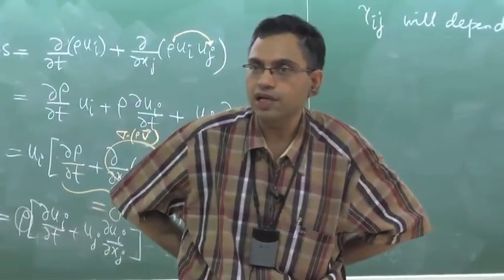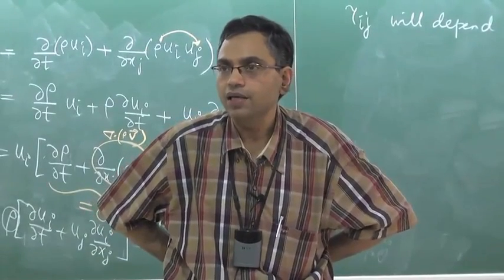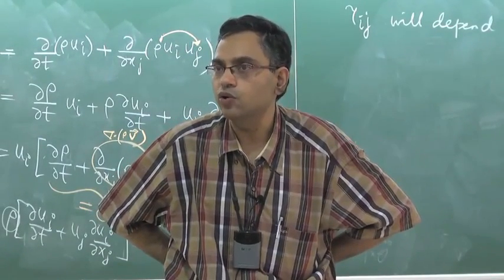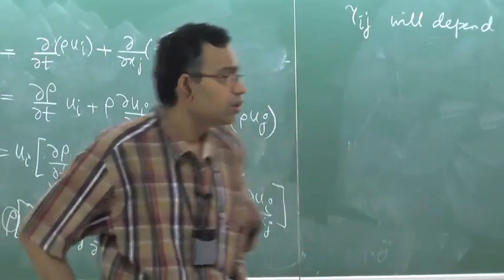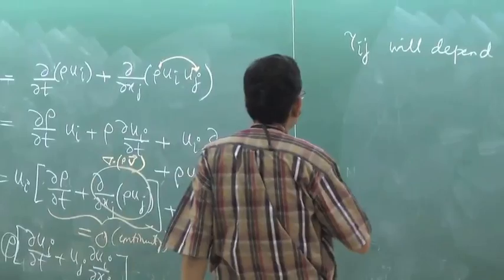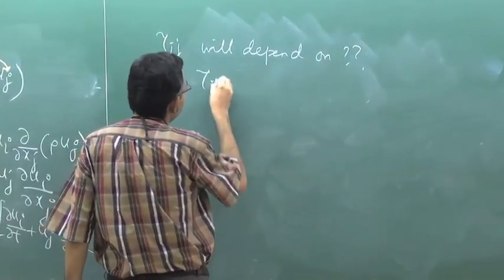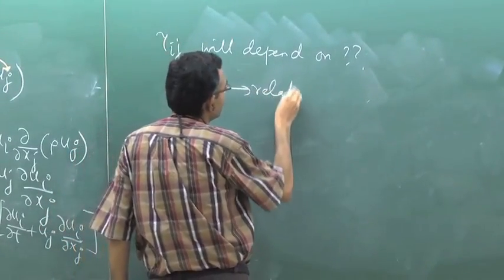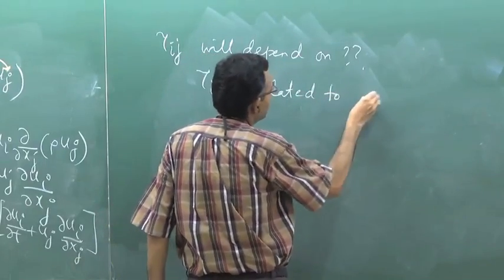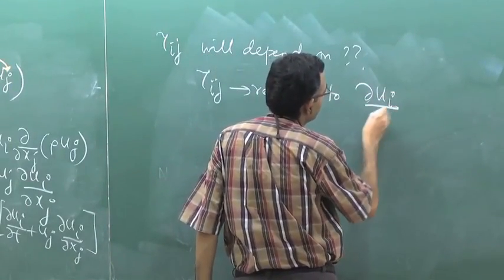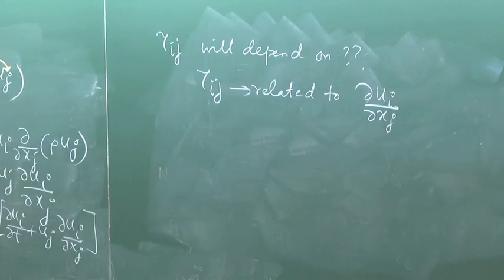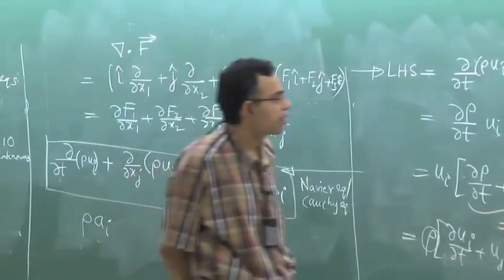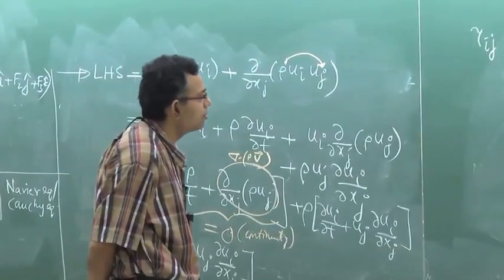And rate of deformation, by using your knowledge of fluid kinematics, you know is related to the gradients of velocity. So tau ij is related to... okay.